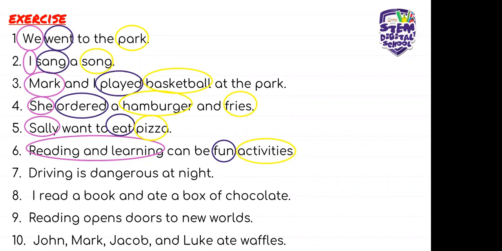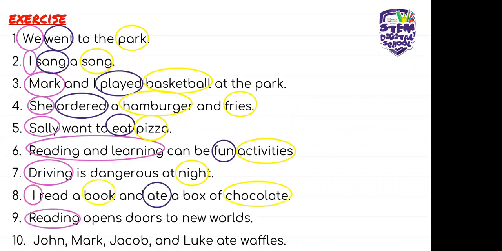Okay. Do you see that in this one? Okay. Driving is dangerous at night. I read a book and ate a box of chocolates.